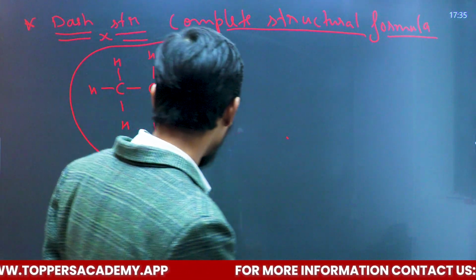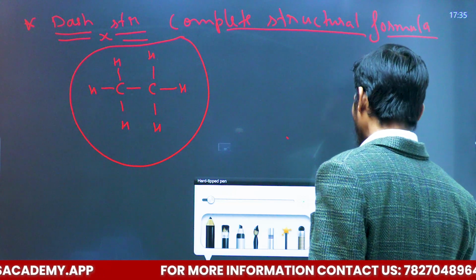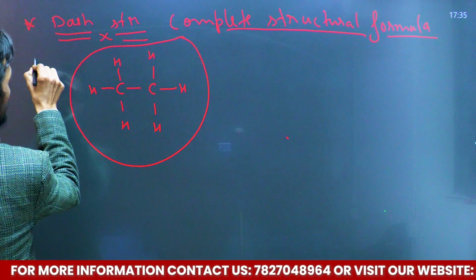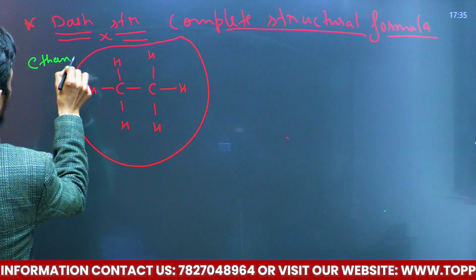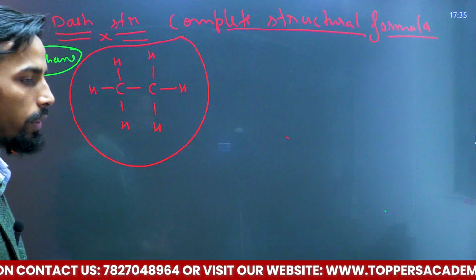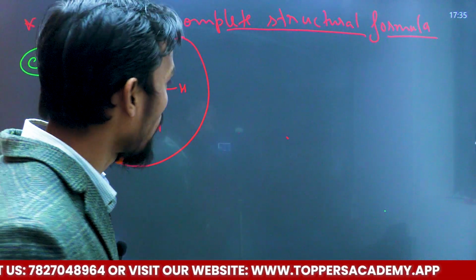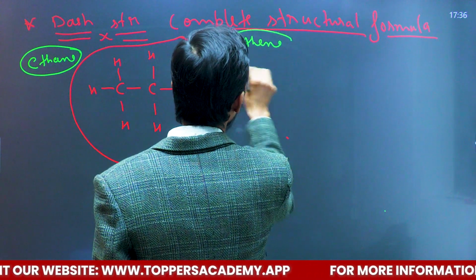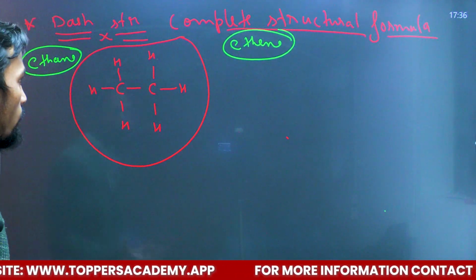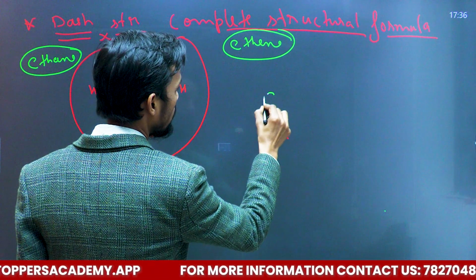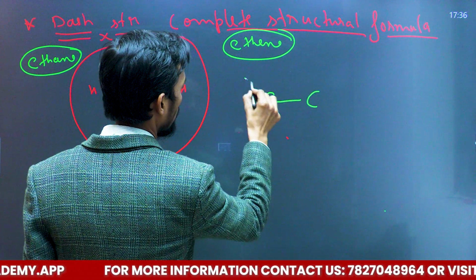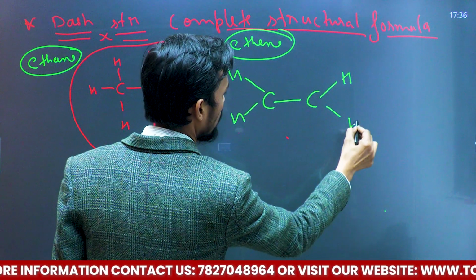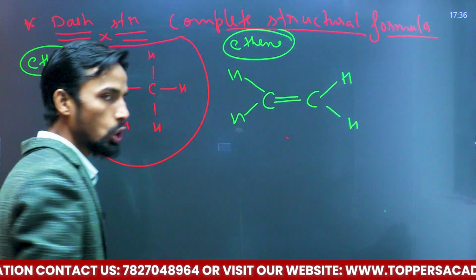Now again, let us see one or two more examples, like the structure of ethane. If we have some other compound like ethene, and we want to draw it, what are we going to do? Ethene is composed of 2 carbons and 4 hydrogens, like this, and the carbons have a double bond.